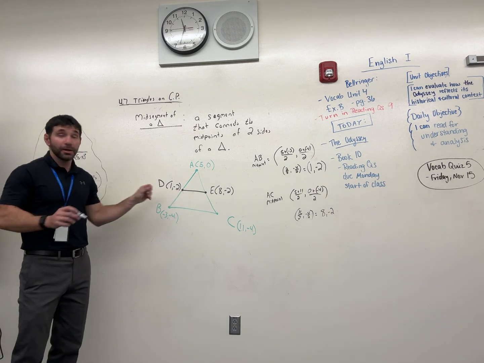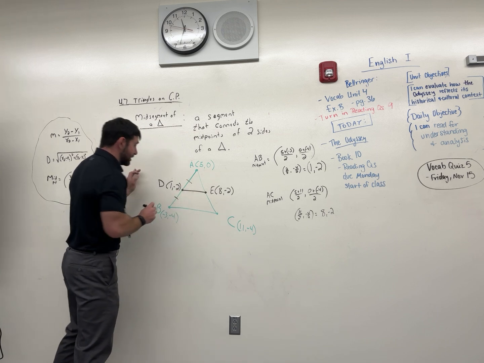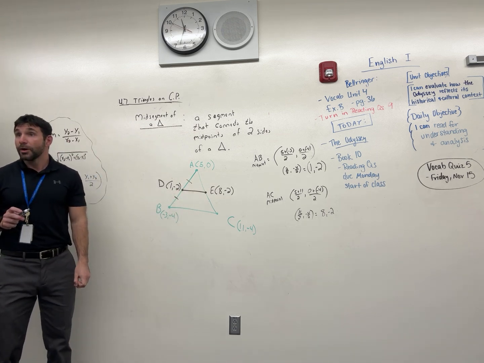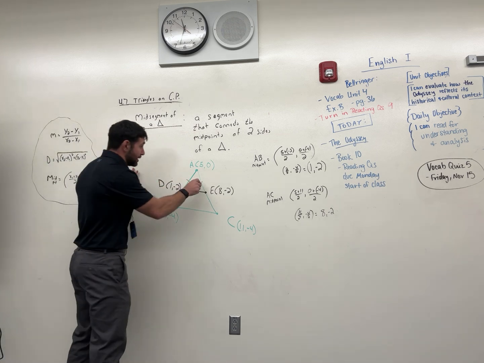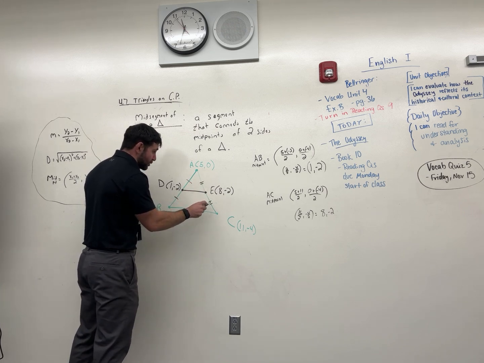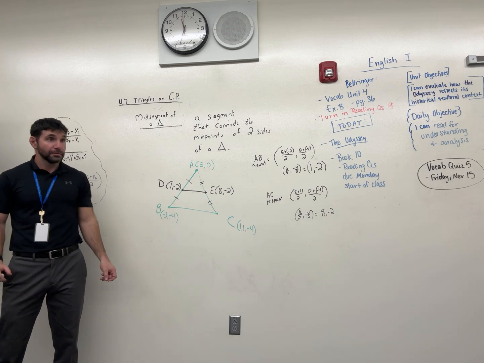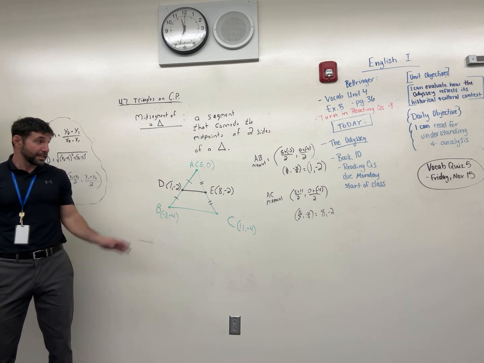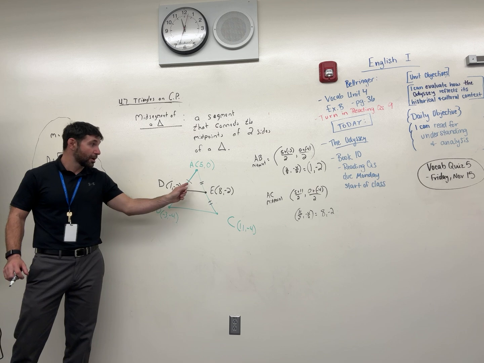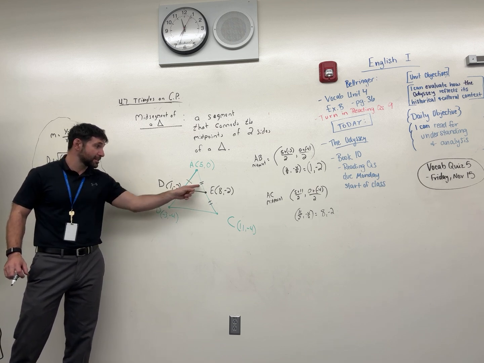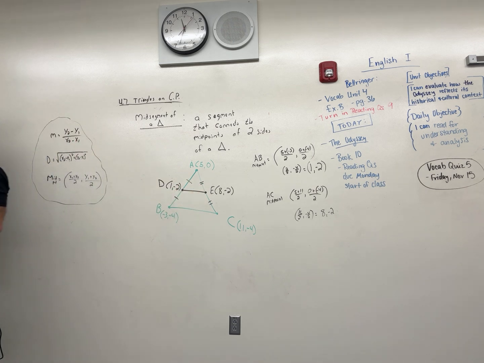If this is the midpoint, this is congruent to this, which also means that AE is congruent to EC. Did I say something about isosceles? No. It doesn't say anything about isosceles. We don't know that these are congruent. We just know that this is congruent to this, and this is congruent to this. Okay? That's called the mid-segment. Everybody still with me?